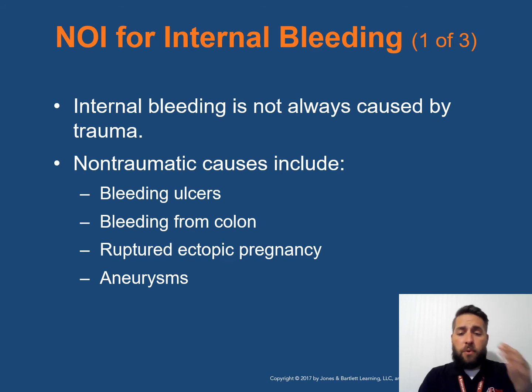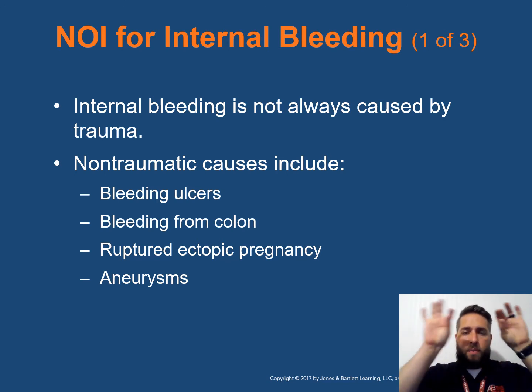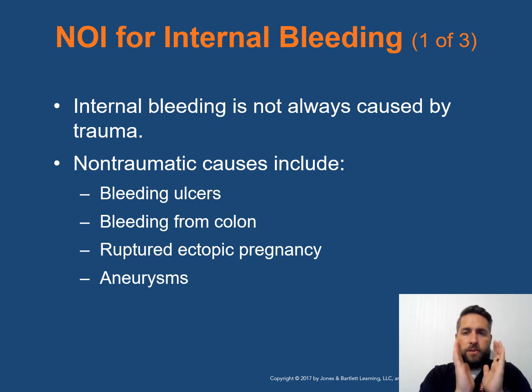So as I said before, you can have internal bleeding and it not be due to traumatic injuries. It could be all these. Now, we haven't talked about the pregnancy, the obstetrics stuff yet, but just for your own personal information, a ruptured ectopic pregnancy. So to quickly go through that, in female gynecology you have the ovaries on the outside, and then you have the fallopian tubes that connect them to the uterus.